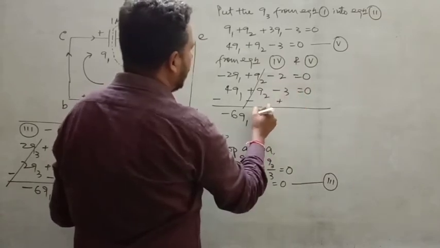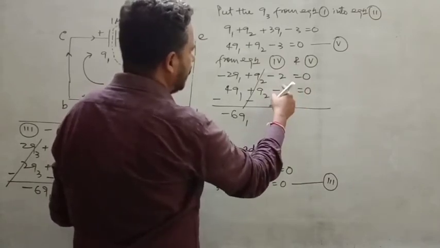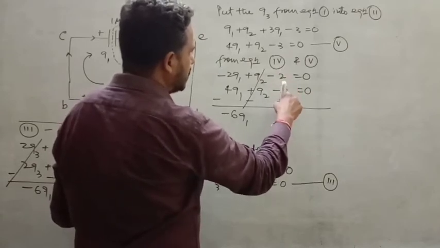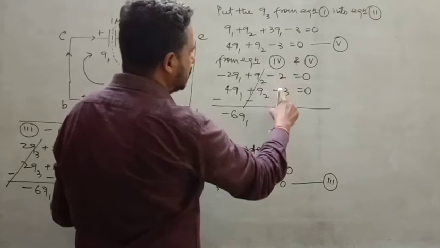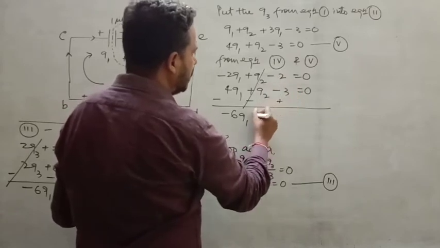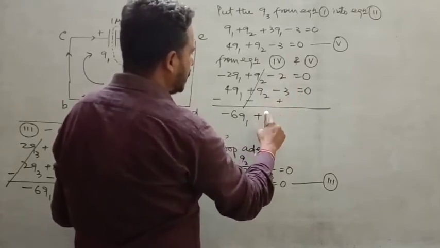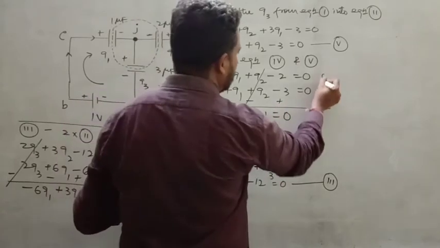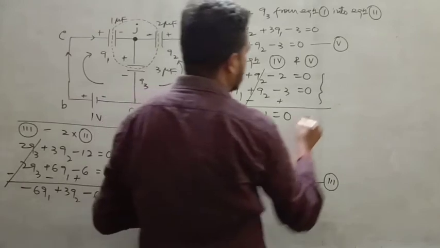So from here what you will get? You will get nothing there, because this one is positive, this one is negative. After doing calculation you will get plus 1, and that is equal to 0. Why? Because you have subtracted. Subtraction be done.